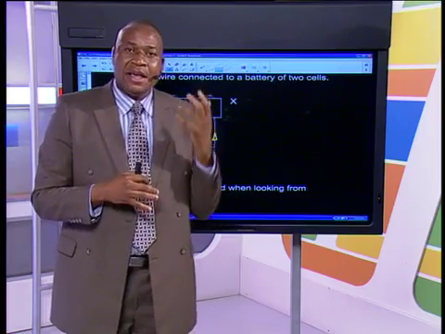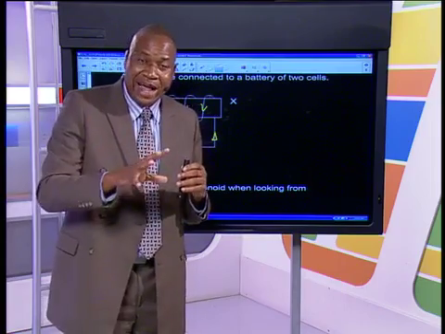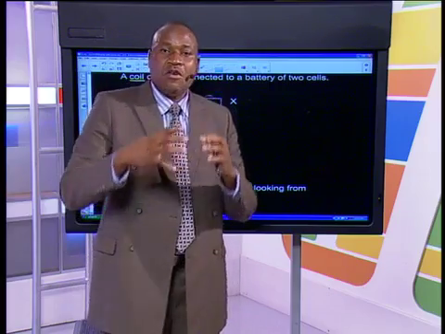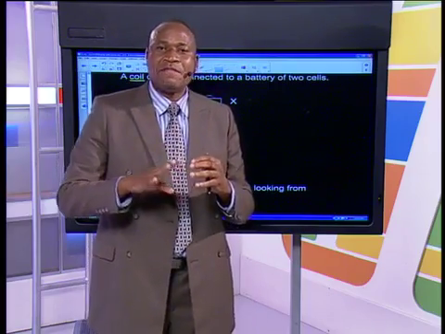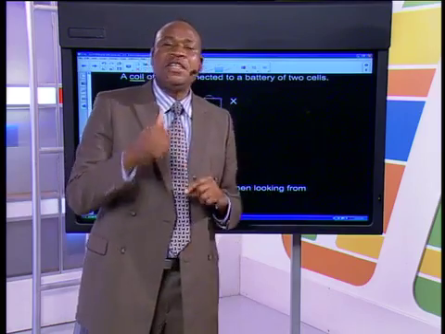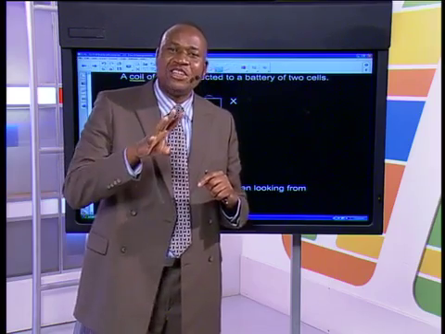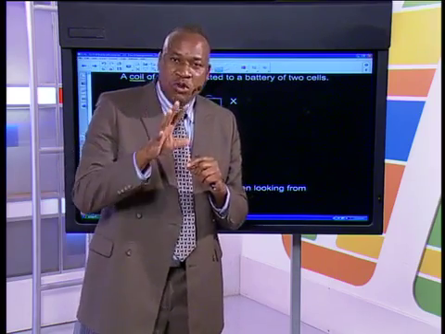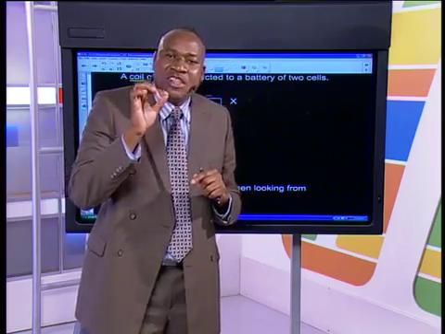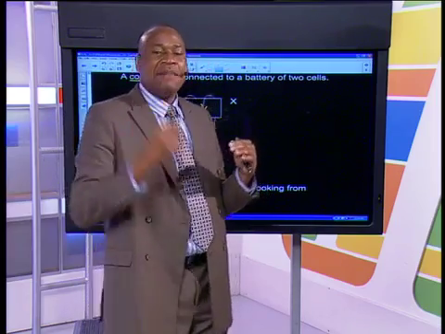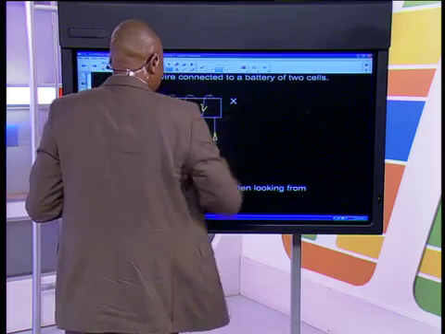We again make use of the right-hand rule, but this time, remember, we use it for coils or solenoids. Instead of the thumb pointing in the direction of the current, we make use of the fingers pointing in the direction of the current. And when we do that, the direction that the thumb is going to take will be the side where we're going to have our north pole. In other words, that is where our magnetic field is going to radiate from and get to the other side.